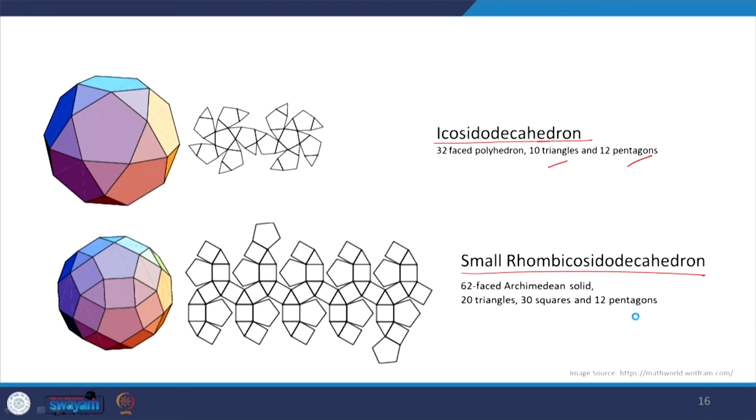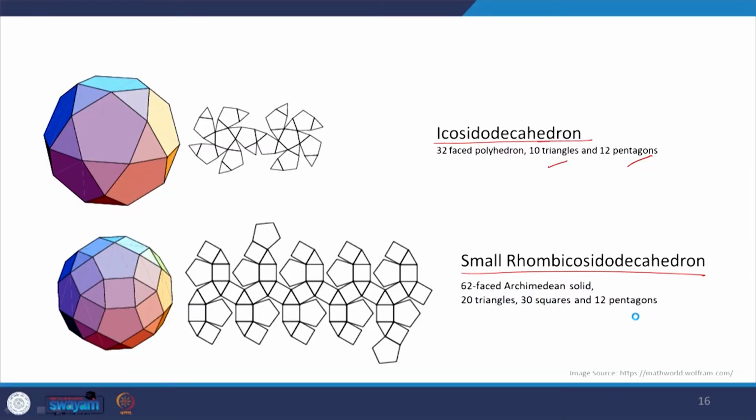Now, if you look at how each of these are derived, it is dependent upon how the surface is being cut. So, if this is the dodecahedron and if I cut it in such a manner that after truncation of this pentagon, we will still get a pentagon.